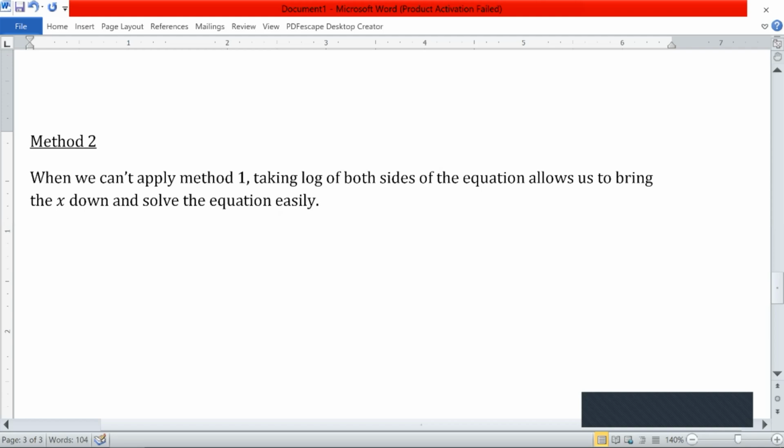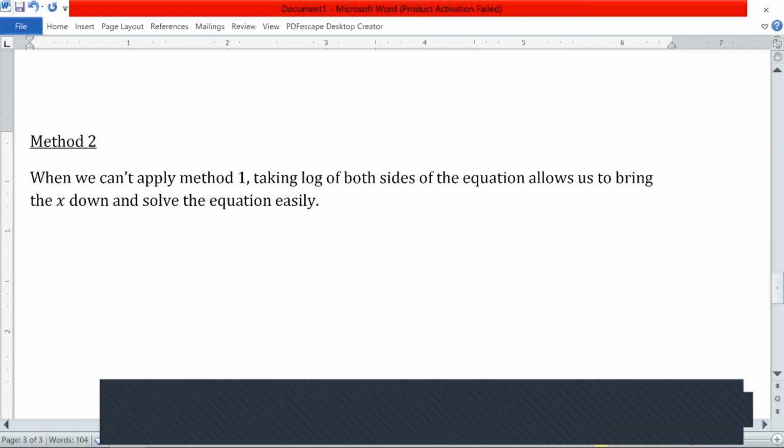Now when I say taking log of both sides, it is log of some base, but we stick to log base 10 or log base e because that's what we have in the calculator. That's what we can type in the calculator.